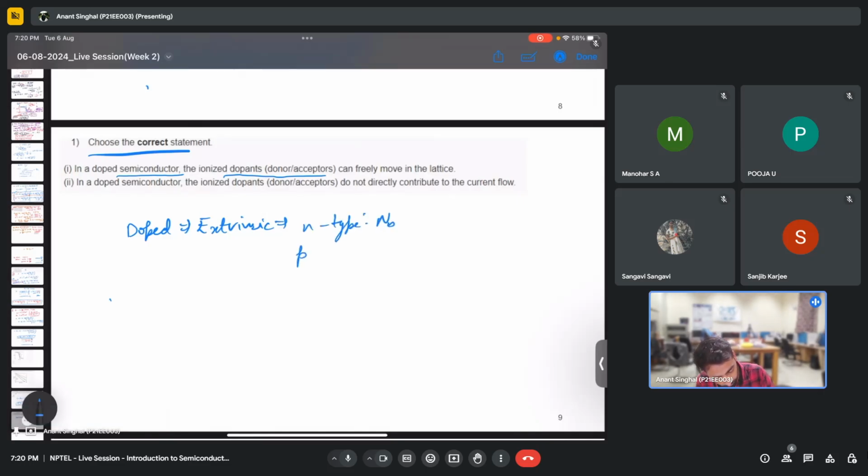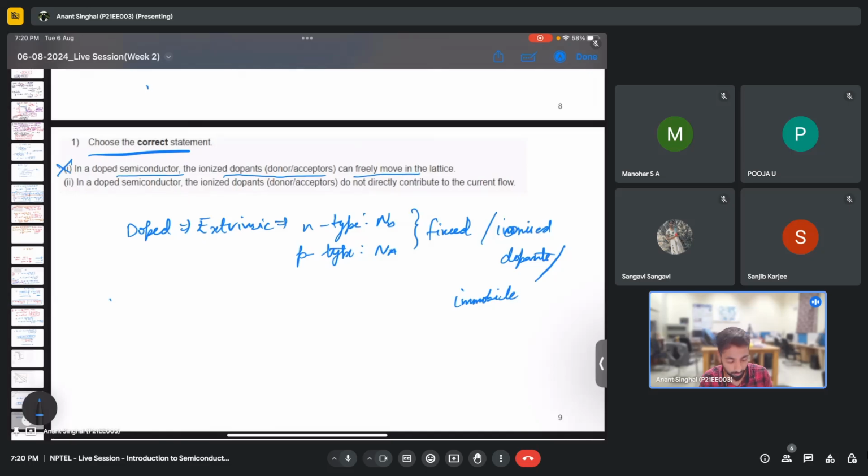For P type, we have Na. We have already seen that. So these are the fixed ionized atoms, or you can say ionized dopants, or they are immobile. They do not move at all. Can move freely? So this is the wrong statement.